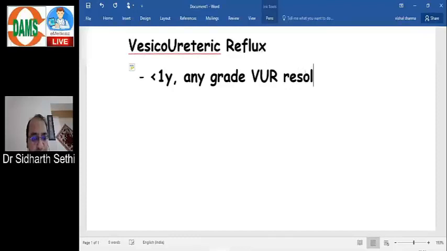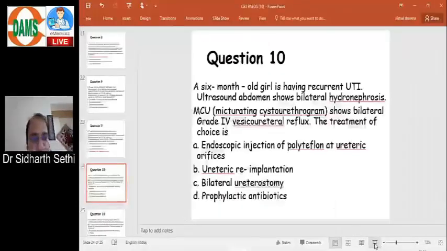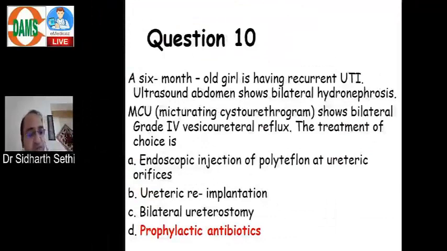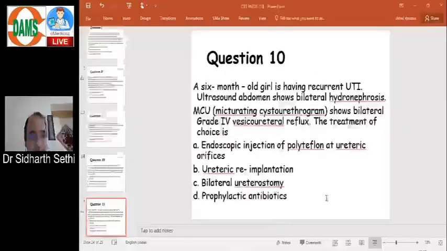So in less than 1 year, we do not go for surgery, because as they grow, it improves. So we'll just hold on and put them on antibiotic prophylaxis. And remember, the antibiotic prophylaxis of choice is cotrimoxazole.